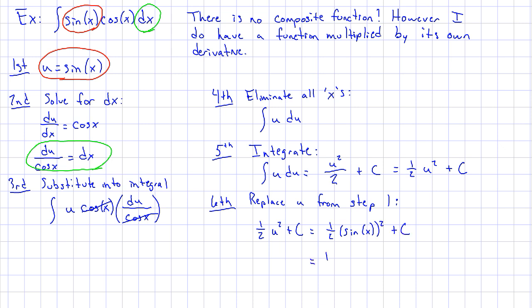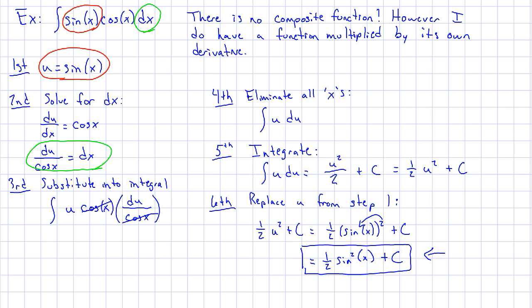Note that there is a shorthand for when you square trig functions, and it looks like this. You bring that power in, and it's sine squared x plus c. They mean the same thing mathematically, but this is the shorthand that you will see in textbooks all over. This is a very standard format to put it, but they do mean the same thing.